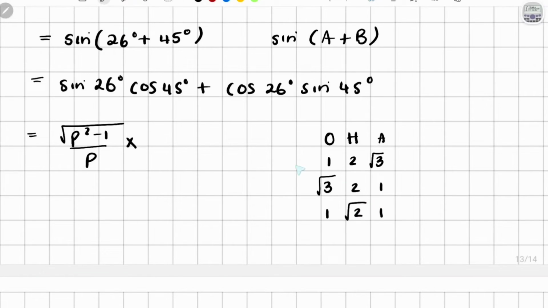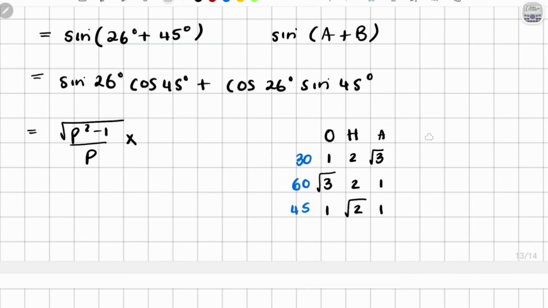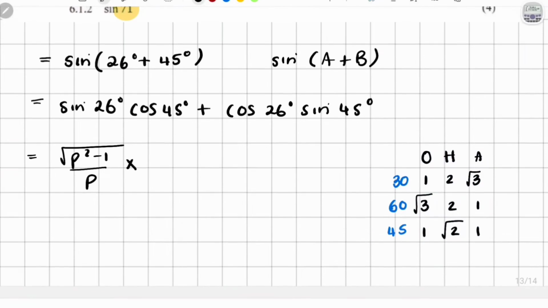Okay, then afterwards, we're going to write our angles. The angles go like this. You say 30, 60, 45. They must go like that. So you see, small, big, small. 30, 60, 45. Okay, so this can actually help us to find what exactly those ratios are going to be in your special angles.